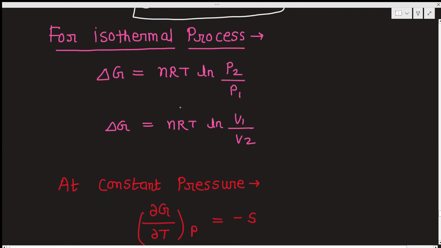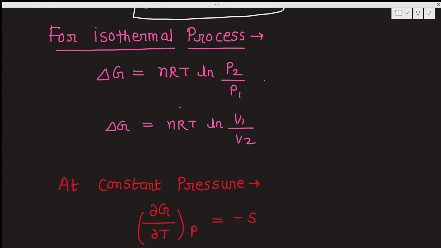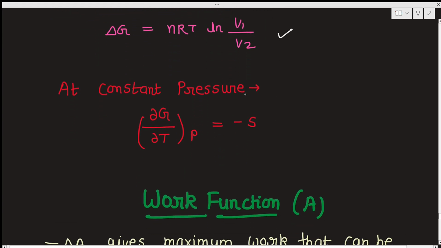For an isothermal process, del G is given by nRT ln P2 upon P1 or nRT ln V1 upon V2. You can use either formula. If you are given pressure, use the first formula; if you are given volume, use the second. Now at constant pressure, del G upon del T at constant P is equal to minus S.